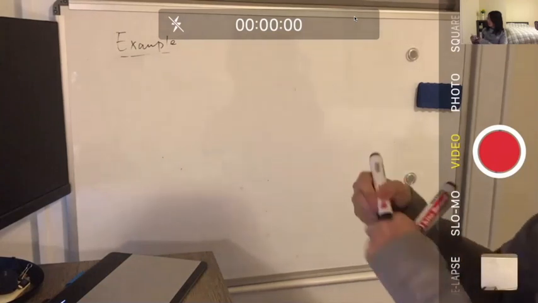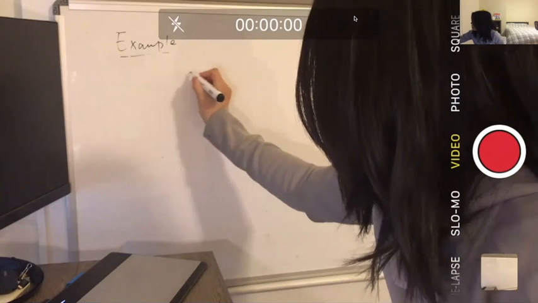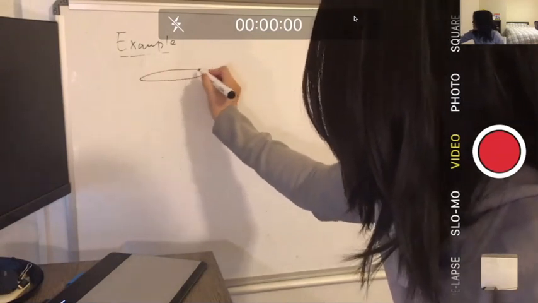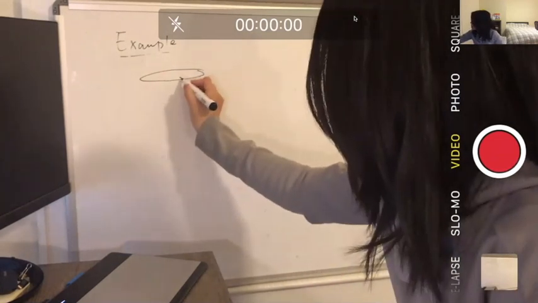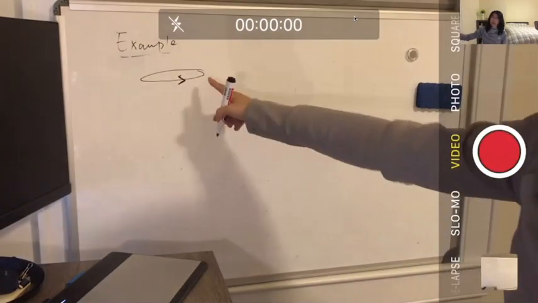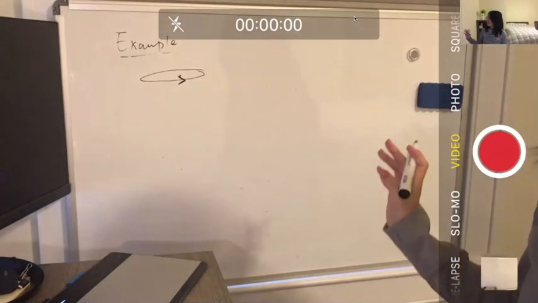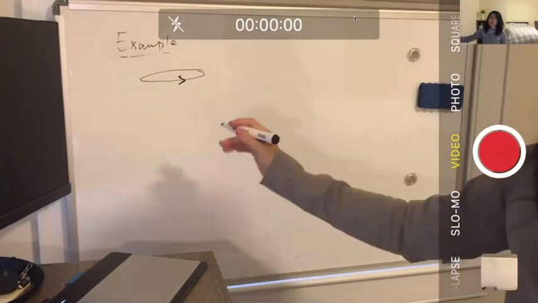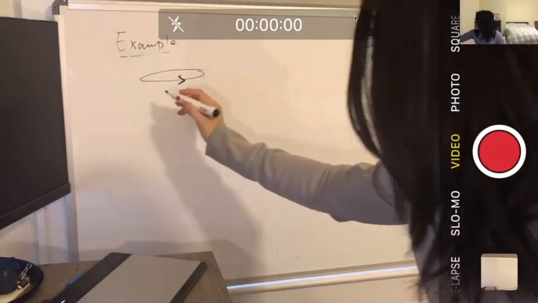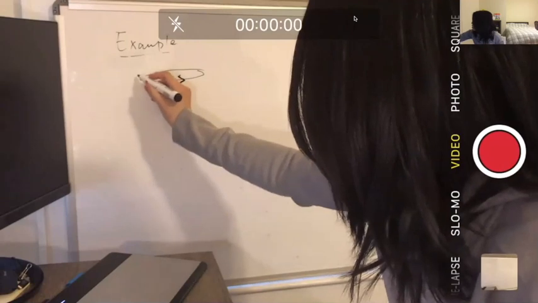For example, if I have a ring like this and the current is going this direction. Because this is a simple diagram, you probably cannot really see it in 3 dimensions, so I'm going to draw its cross section.